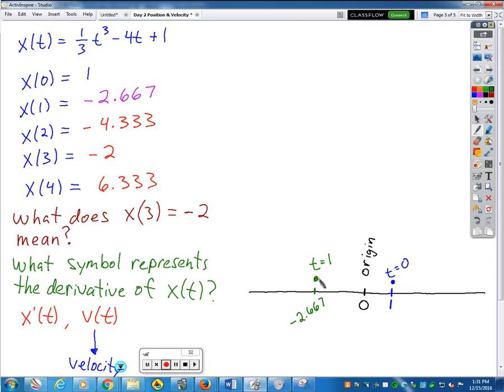We have a question. Cool. So you can plot the other points. Please put these in your notes. Come over here to time equal 2. Negative 4.333. Time equal 3, so I kind of squish it in here.